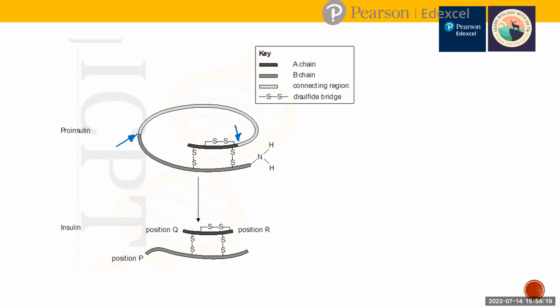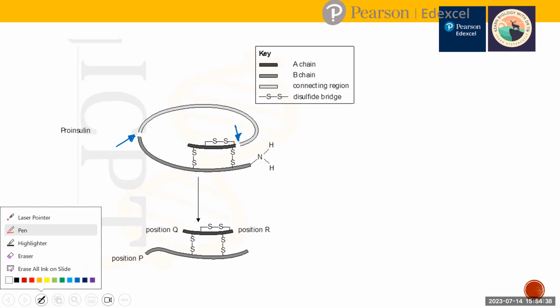So basically this one is removed and this one is also removed. Okay, now we see after removing the connecting region, we can get the insulin.